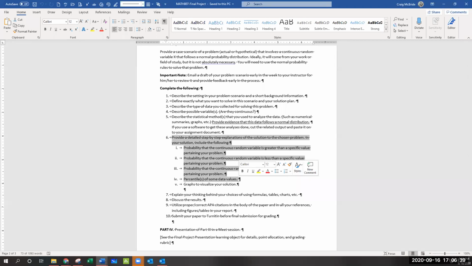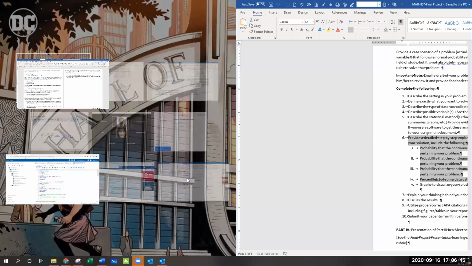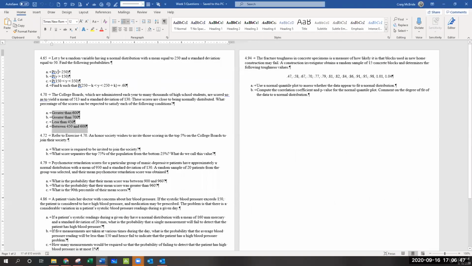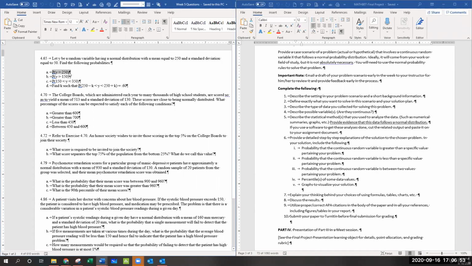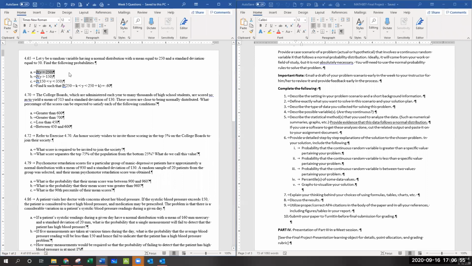Probability that the continuous random variable is greater than a specific value. Well, that's 465, question A and B. I mean, that's exactly what you did in that question.